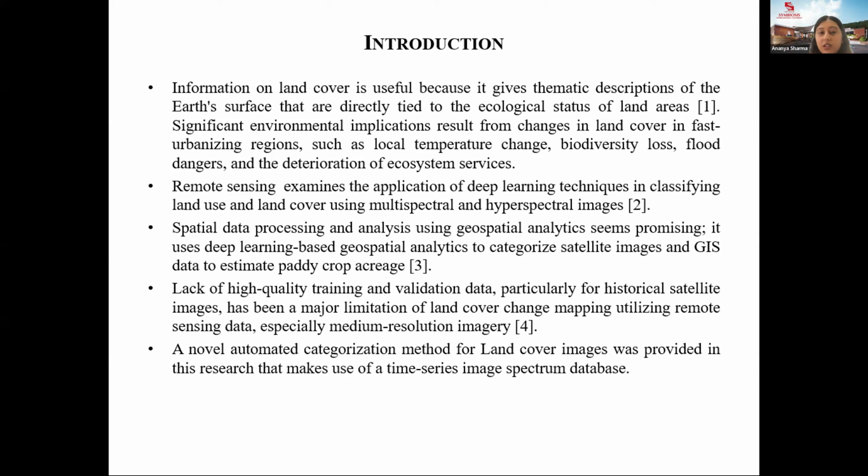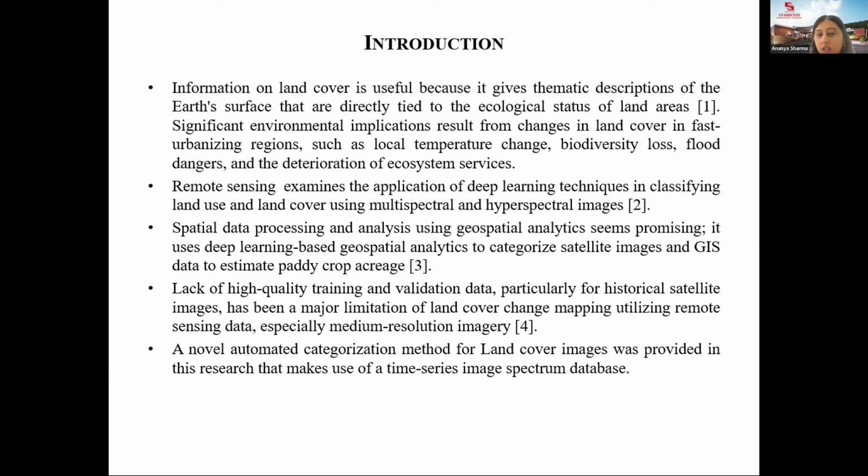Remote sensing examines the application of deep learning techniques in classifying land use and land cover using multispectral and hyperspectral images. Spatial data processing and analysis using geospatial analytics definitely seems promising, as it uses deep learning based geospatial analysis to categorize satellite images and GIS data to estimate paddy crop acreage.